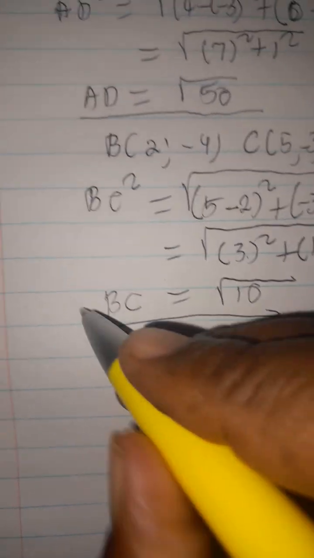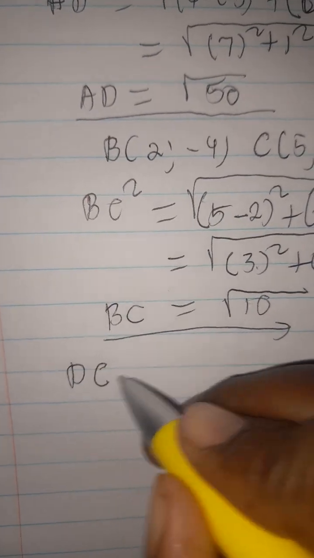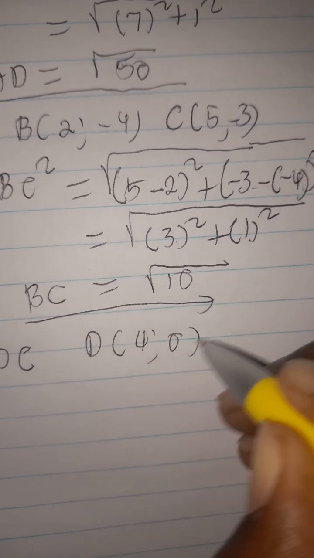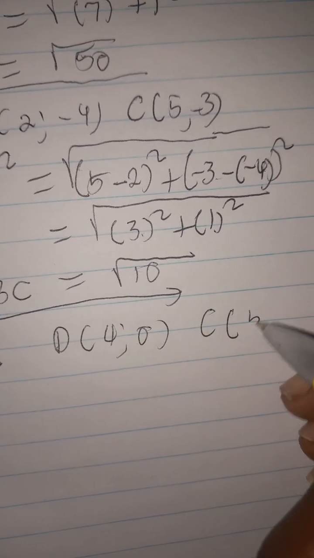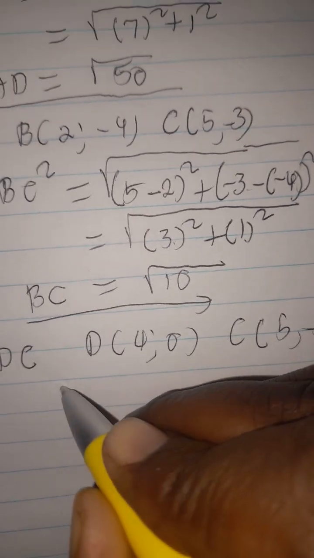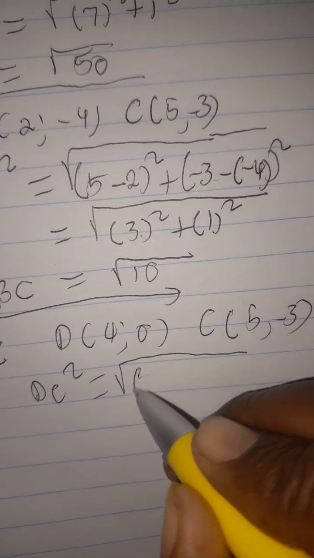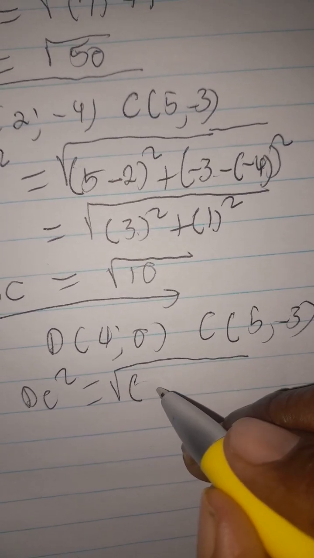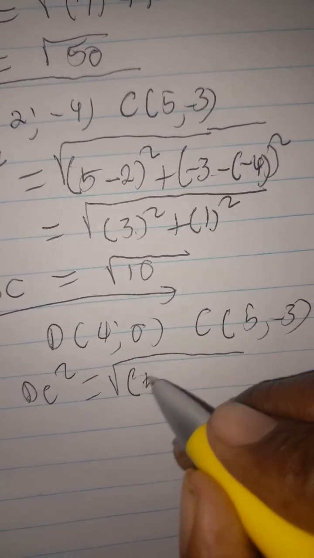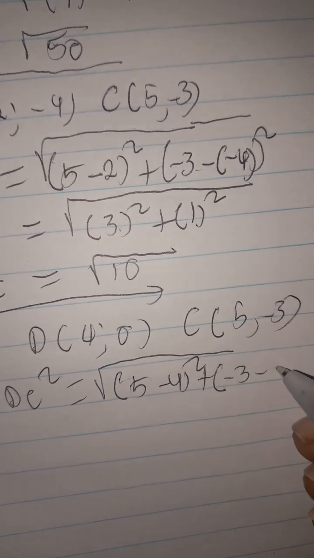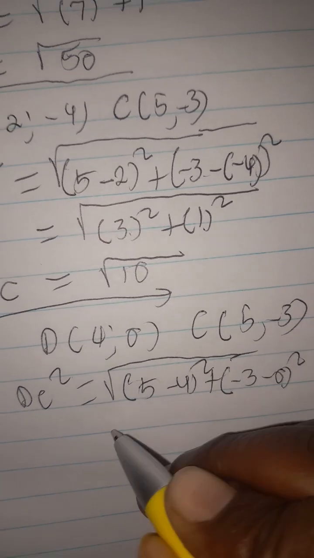Okay, and remember that we also have to look at DC. DC, guys, our D, remember that it's 4 and 0, and our C is 5 and negative 3. So it's going to be DC squared, which will be equal to our x2, that will be 5 minus 4 squared, our y2, negative 3 minus 0 squared.